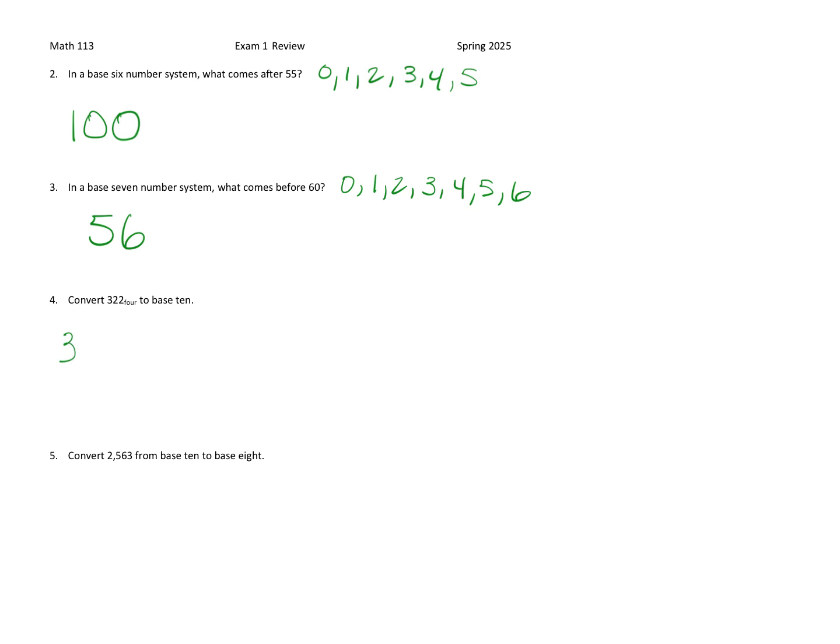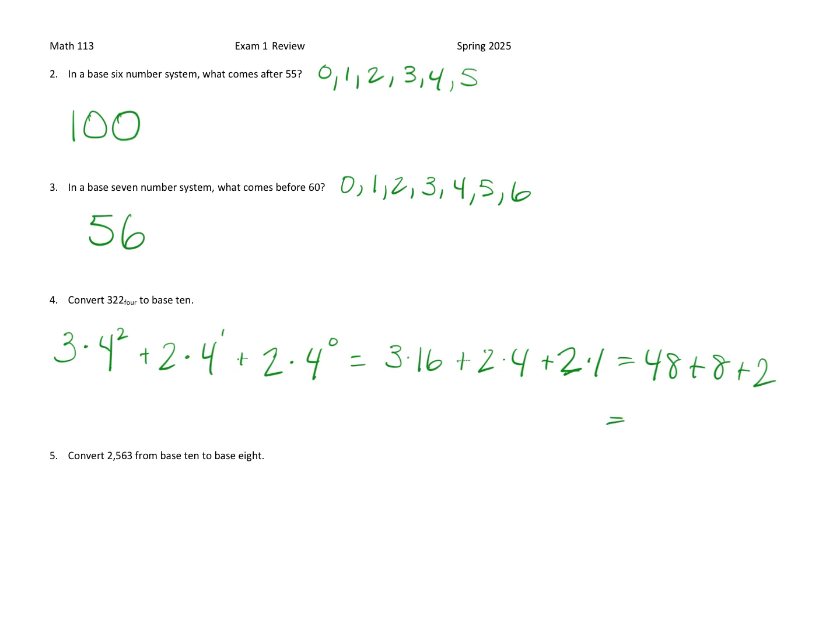So this is going to be 3 times 4 squared plus 2 times 4 to the first plus 2 times 4 to the 0. So this is 3 times 16 plus 2 times 4 plus 2 times 1. So that's 48 plus 8 plus 2 is 58.